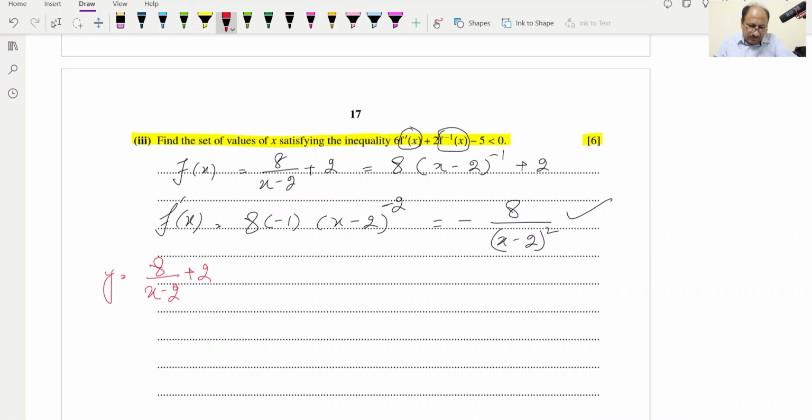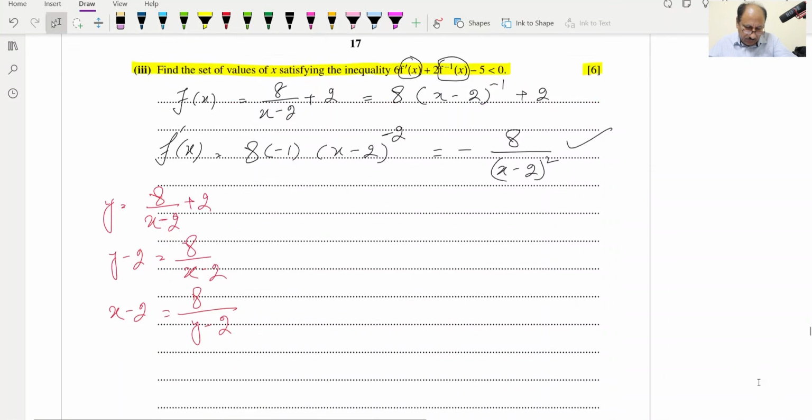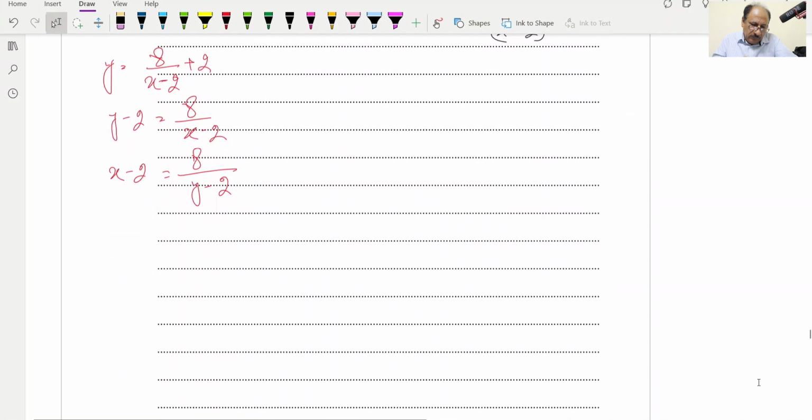Now we can make x the subject and shift 2, so y minus 2 is equal to 8 over x minus 2, and x minus 2 is equal to 8 over y minus 2, and further we can shift minus 2 to the other side, so x will be equal to 8 over y minus 2, plus 2.